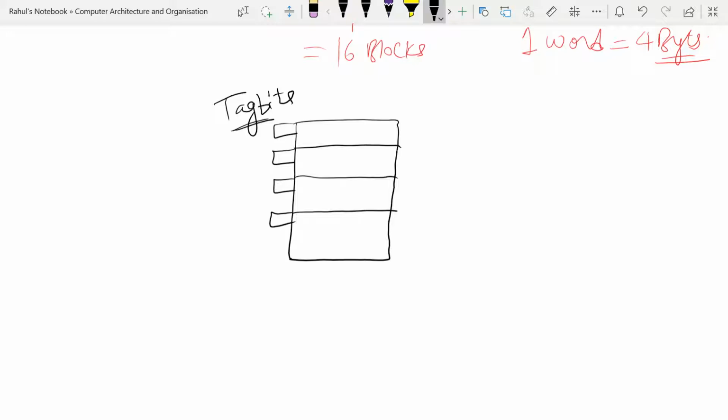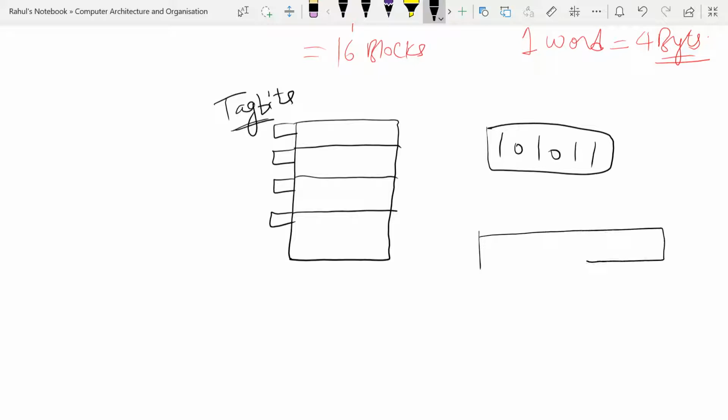Suppose my word is 101011. Okay, so before that, let us understand it like this. In the direct mapping technique, for mapping, we have a block offset and another term, the block number.